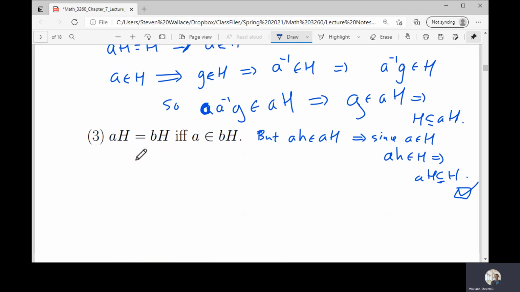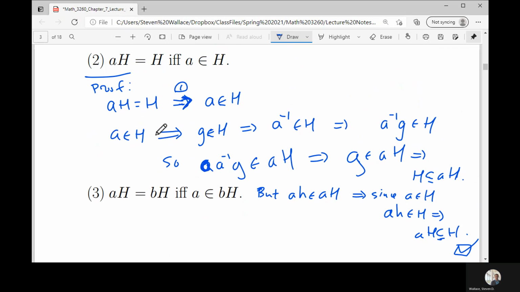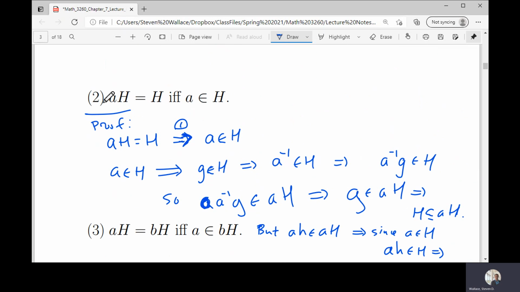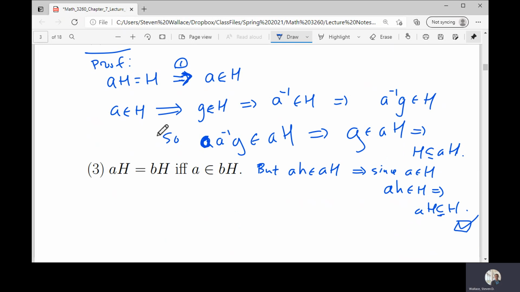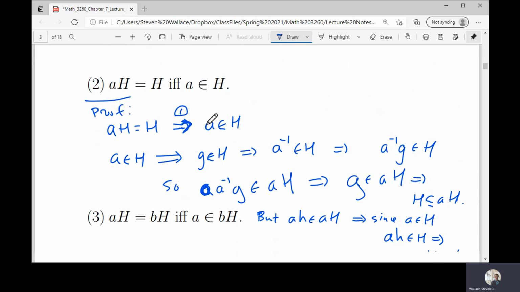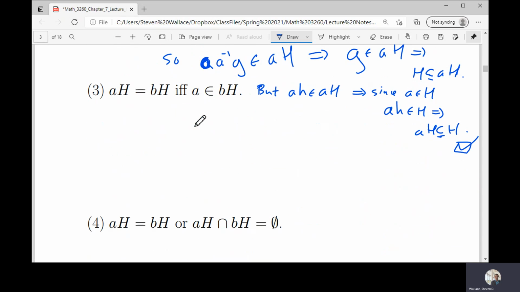I mean, if you think about it, this is true: AH equals EH if and only if A is in H. You can do a similar rigmarole with this guy.